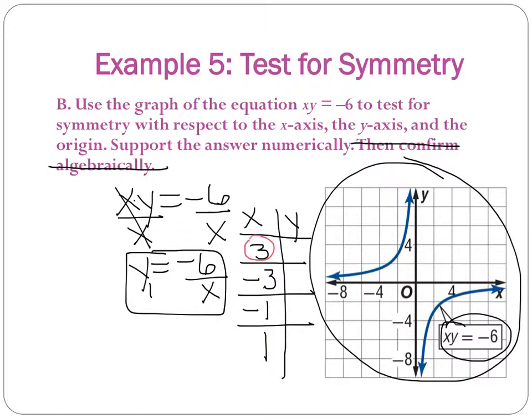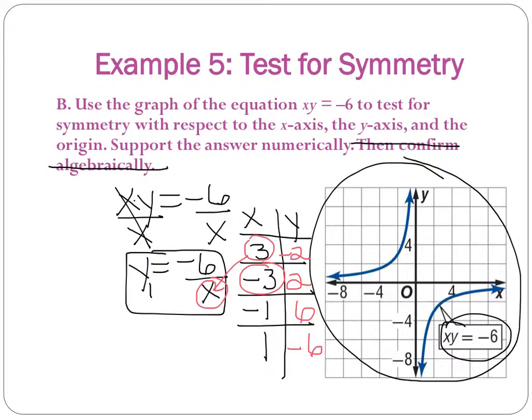If I plug in 3 for x, -6 divided by 3 is -2. If I plug in -3, -6 divided by -3 is +2. If I plug in -1 for x, I get +6. And if I plug in +1, I get -6.